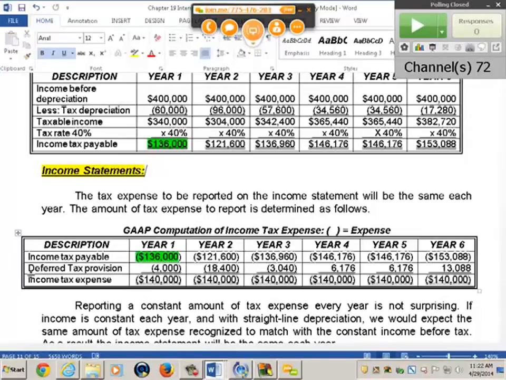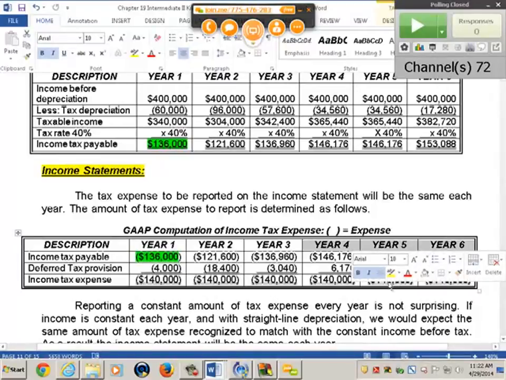Year 2, I take the payable, the current provision of 121.6. I add to that the deferred provision, and again, I get tax expense of 140. And this continues. Now, in years 1, 2, and 3, these are the originating differences. In years 4, 5, and 6, we start to get the reversals. And in these reversals, notice what happens.